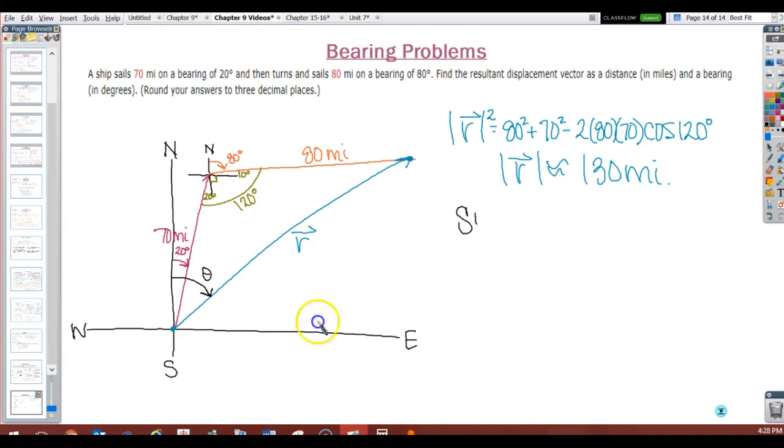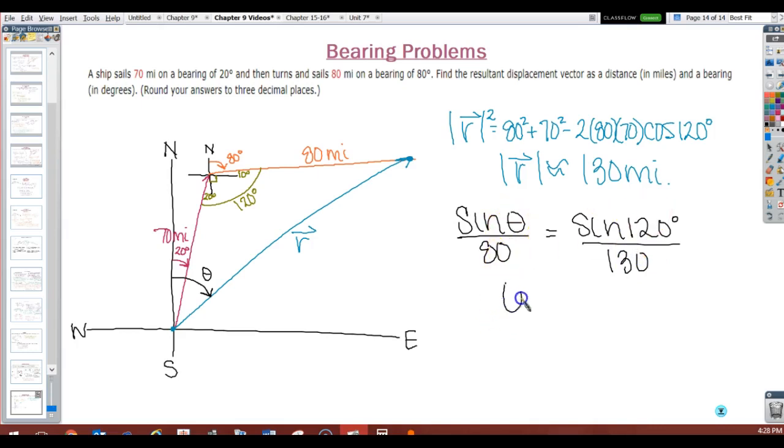So I'll have the sine of theta divided by the side across from it, 80, will equal the sine of 120 divided by the side across from it, which is what we just found, which was 130. From here, we'll cross multiply, get the sine alone, take the inverse, and we'll end up getting our angle theta to be 32.204 degrees.